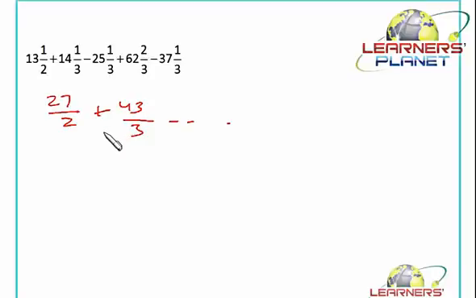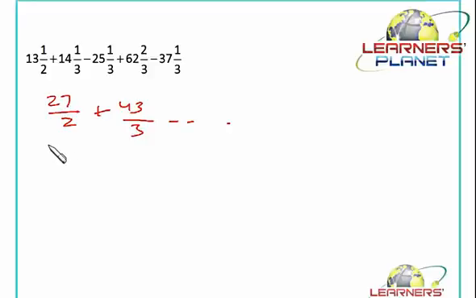This method is correct, but it is very time consuming and involves lots of calculation. So we can avoid this by splitting the mixed fraction into an integer and a proper fraction.